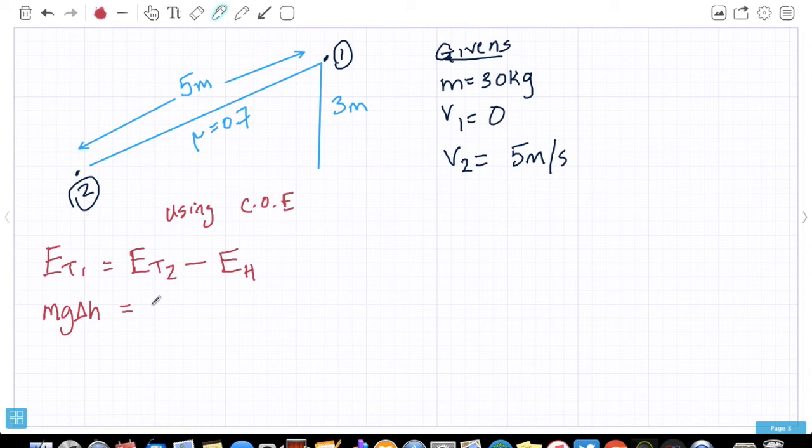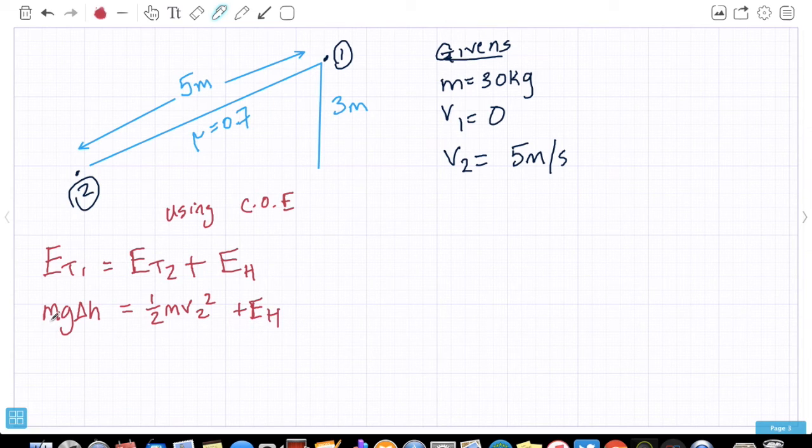So this is half mv2 squared. And then we have, actually this should be a plus, because if this is bigger than this, then we need to add the loss energy to make them equal to each other. So this will be plus EH.